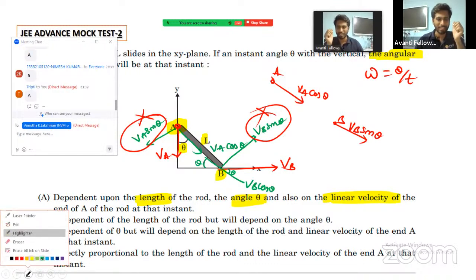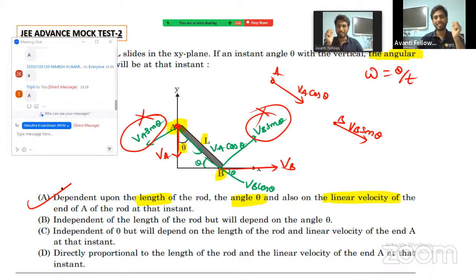Is it clear for everyone? Let me know in the chat box. Is it clear? Shall we move on to the next question? Good. I need maximum responses. Meantime, if you have any doubt, please pass the doubt in the chat box. Yes, Samita. Good, Nimesh.